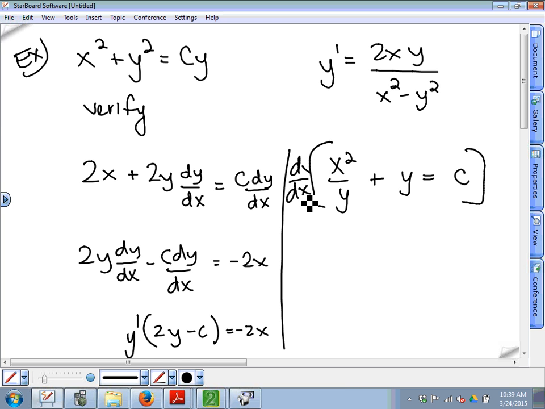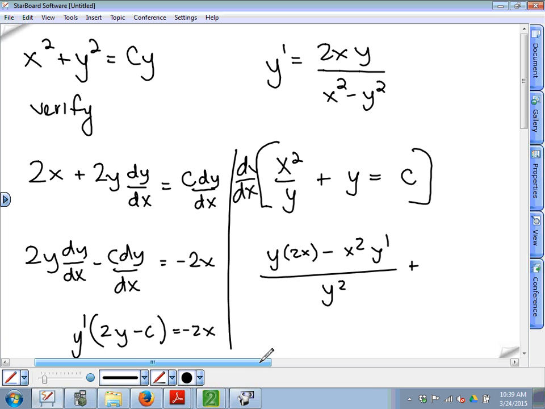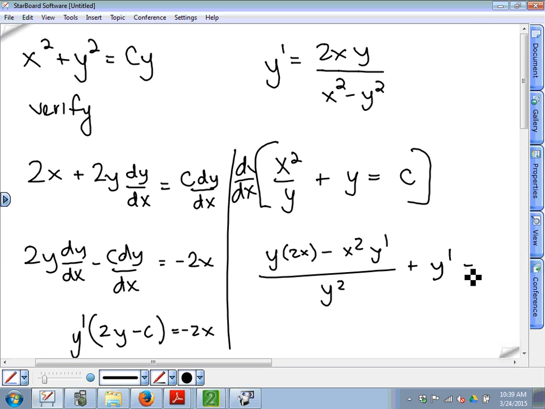So d over dx: low d high, y times 2x, all minus high dy dx, all over y squared, plus y prime, all equals dy dx. Hold on. What's the derivative of c?